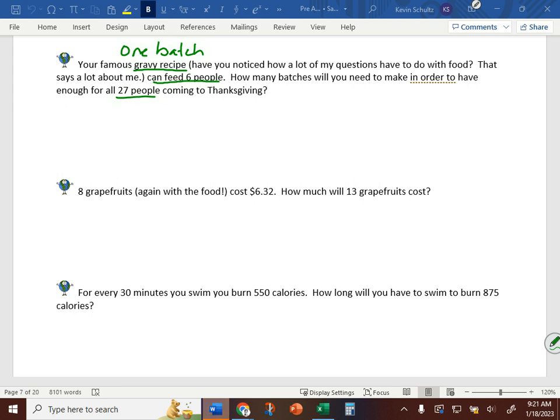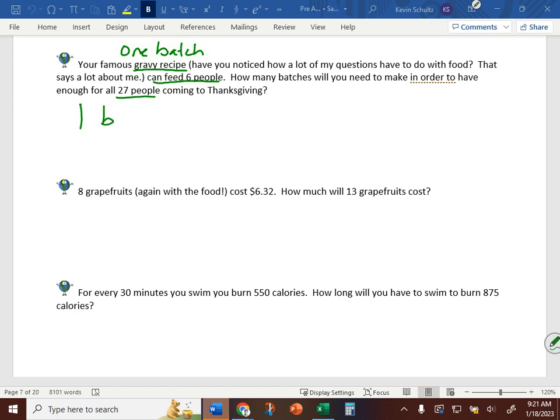What rate can we set up here? So instead of setting up a proportion, you want to look for what goes together, right? What goes together here? One batch can feed how many people?